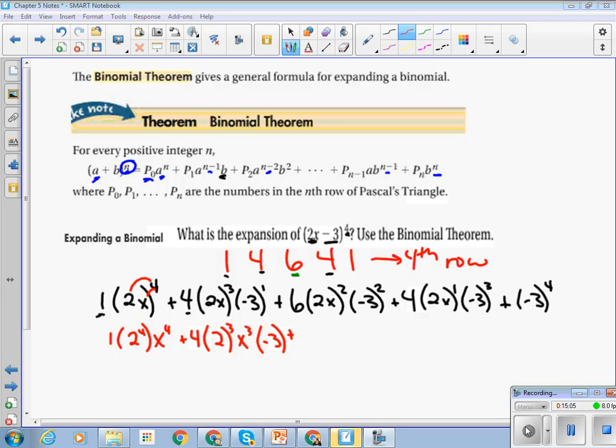So I got my 6, I got 2 squared, I got x squared, and negative 3 squared is negative 3 times negative 3. That is 9. So here I have 4, 2 to the 1 is 2, x to the 1 is x, and negative 3 times negative 3 times negative 3 is negative 27.